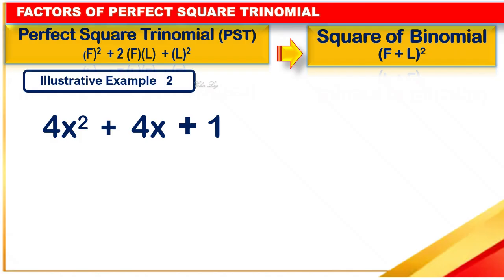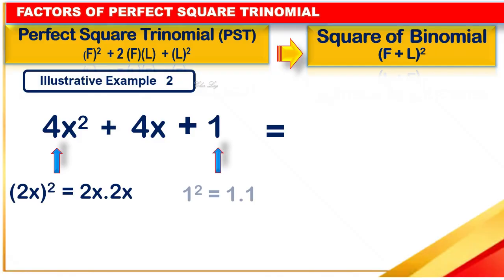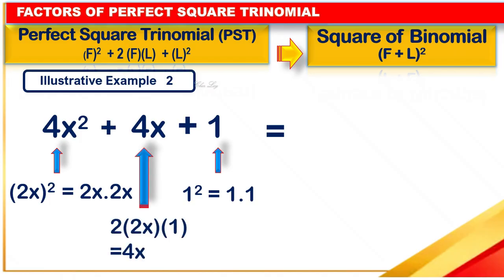Example number 2. We're going to get the factors of 4x squared plus 4x plus 1. Again, check whether the first and last terms are perfect squares and write them as a square. 4x squared can be written as the quantity 2x squared, or 2x times 2x, and 1 can be written as 1 times 1. Checking the middle term, 2x times 1 is 2x, times 2 is 4x.